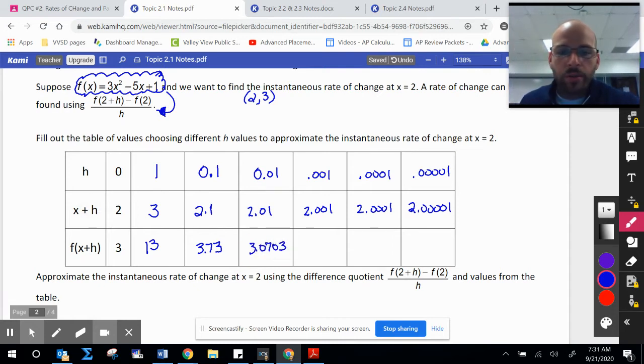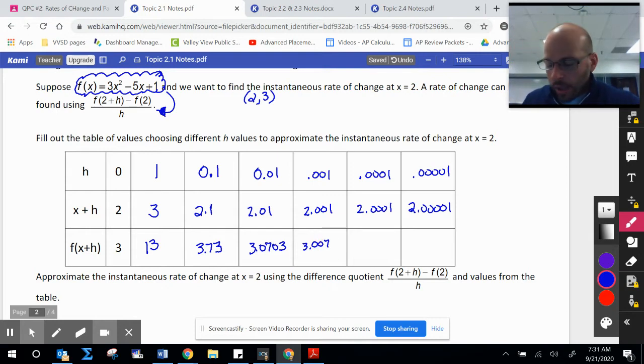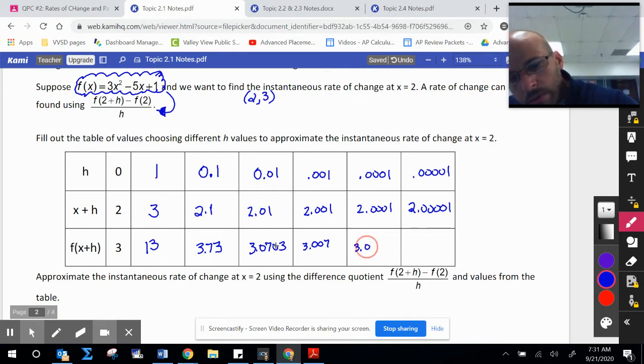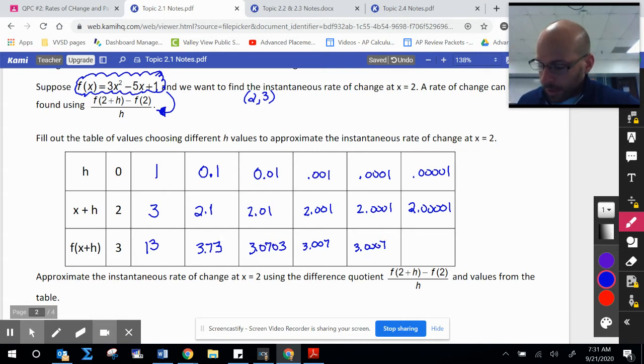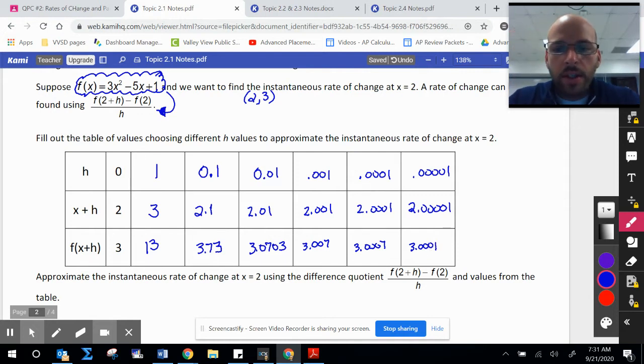Now, normally we can round to 3 decimal places in calculus, so that's what I'm going to do for these next few. I'm going to say this is 3.007. I'm going to say 2.0001. Keep going. I got an extra 0 in there, and I have a feeling I'm going to get the same thing if I go one more. So I have 3.123 and a 1. Okay, so these are the output values.